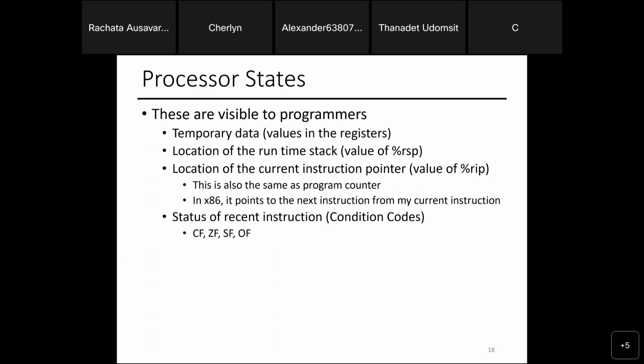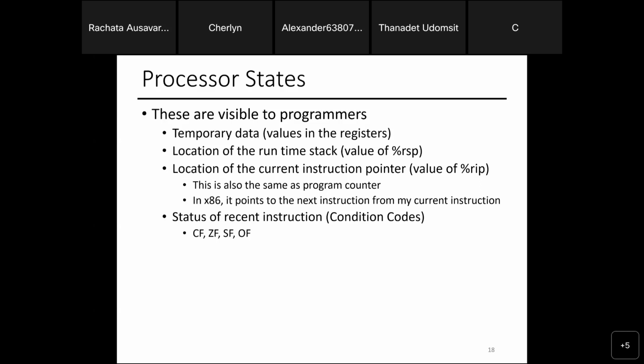Then there are things like the status of the last instruction. Let's say I add two numbers and it produces an overflow. The overflow flag over here, OF, will be 1. Let's say I add two numbers and they result in a carry, the carry flag, CF, will become 1.